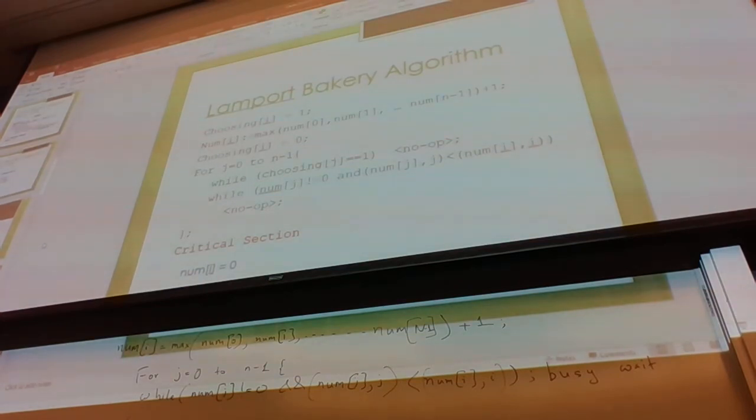The busy wait is not to prevent processes from accessing i and j at the same time. It's just to block the process. So whenever those two conditions get satisfied, you should not go. That is the idea. You can access i and j at the same time, at a different time, it doesn't matter.